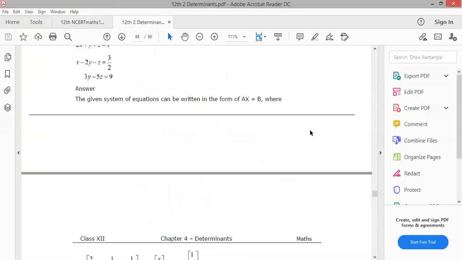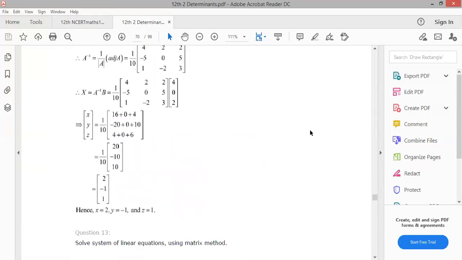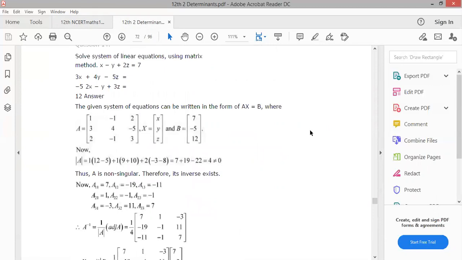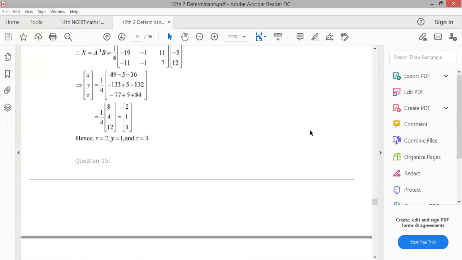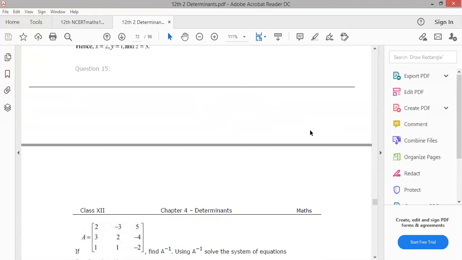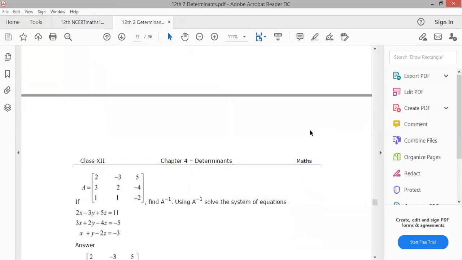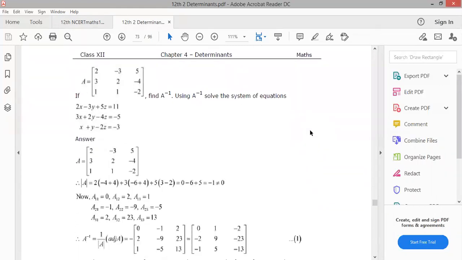So how to solve this question? The procedure is the same. We have the system of equations, and this matrix is given. The question says, first of all, find A inverse, then use this A inverse to solve the given system of equations.